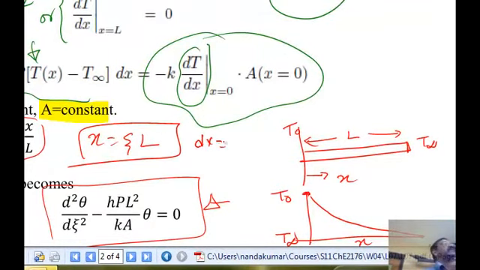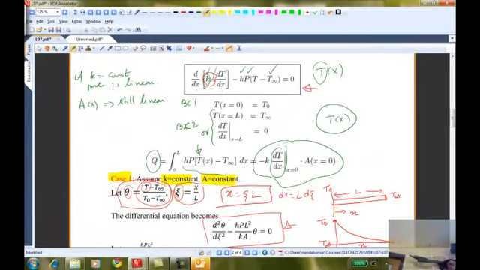If I take the derivative of that, remember L is a constant, the total length of the fin. So it's going to be L times d psi. Wherever you have dx, just replace it by L times d psi. Now if you have dx squared, it is L times d psi squared, because you square both sides.